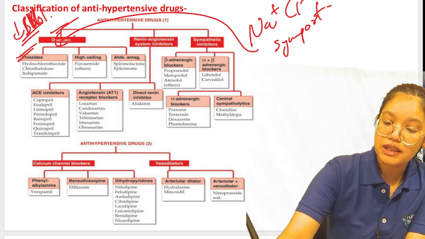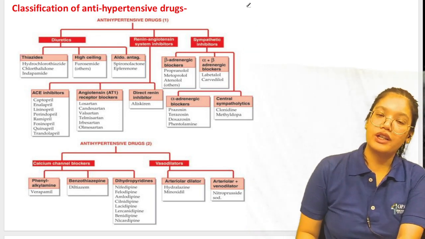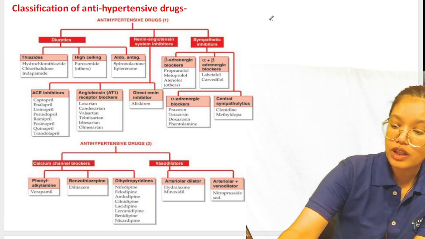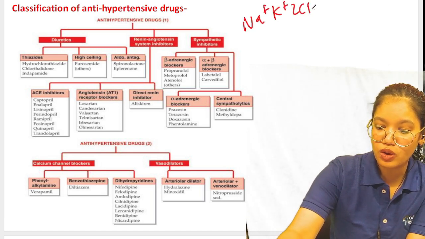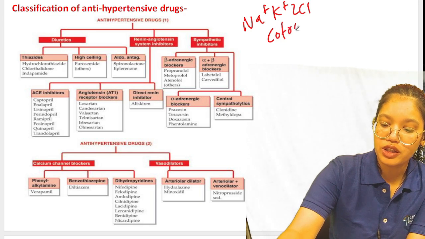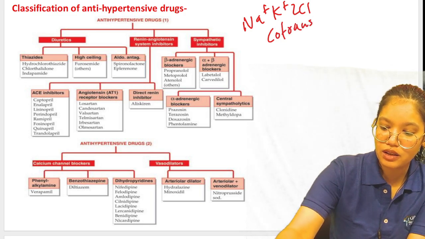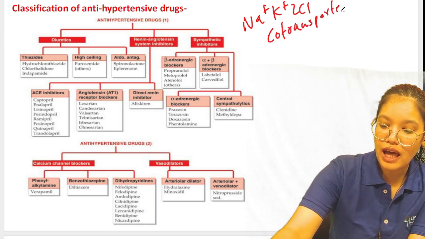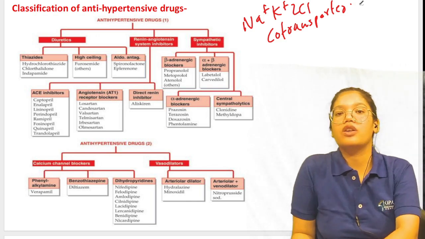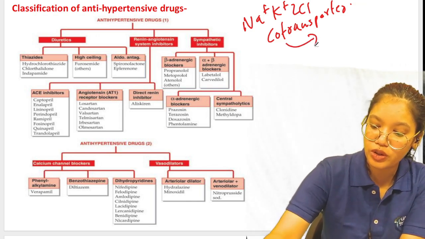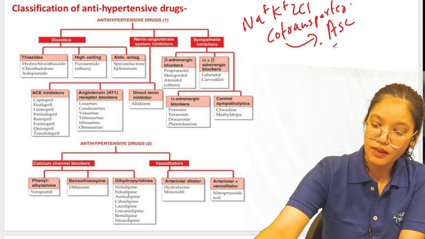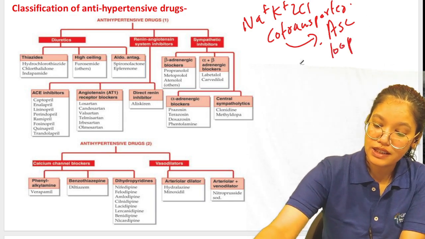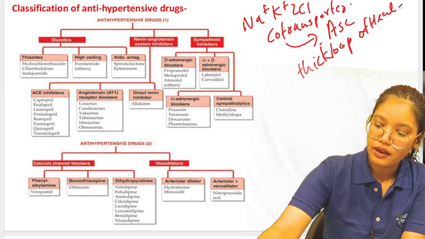The second type is the high ceiling diuretics, which are basically the loop diuretics. They act by blocking the sodium potassium 2 chloride co-transporter, which is located at the ascending thick limb of the loop of Henle.